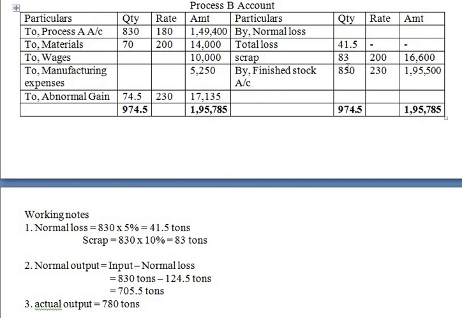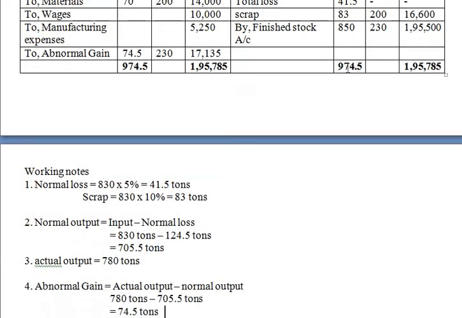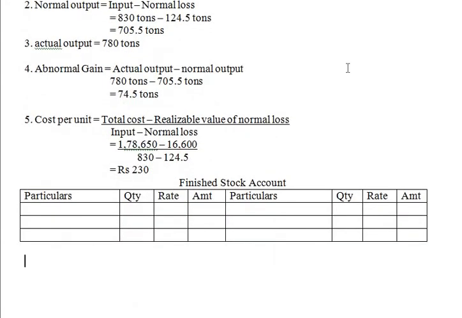They have not asked us to prepare finished stock account, but even then we will prepare it. Okay, only one entry will come in finished stock account because whatever output we have of process A is transferred to process B, and process B's output is transferred to finished stock account.